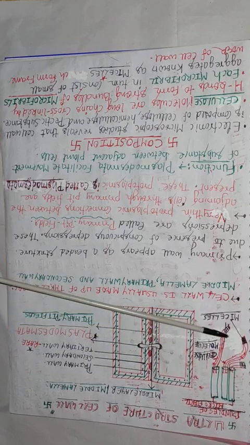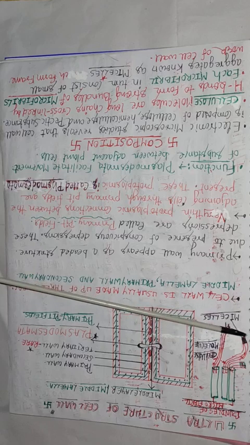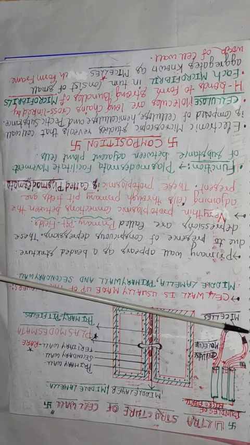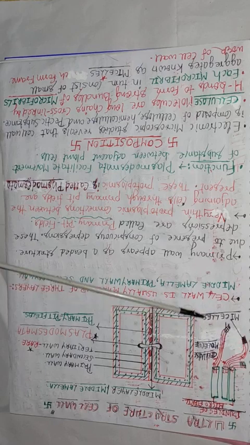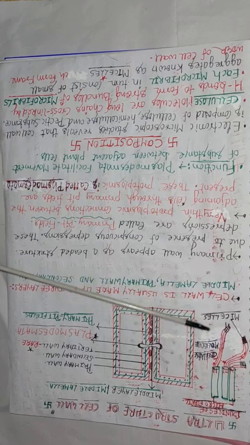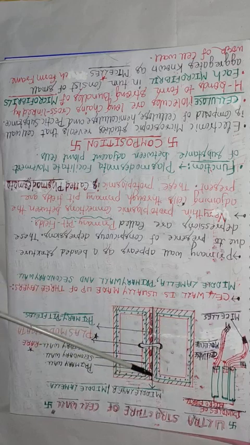And each microfibril in turn consists of small aggregates known as micelles, which form the framework of the cell wall, isn't it?